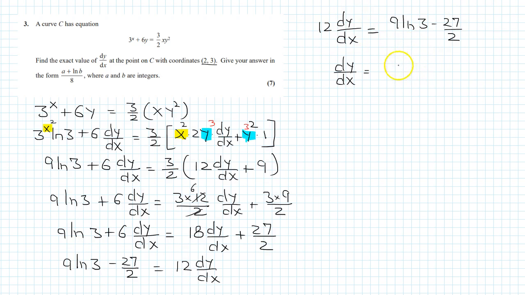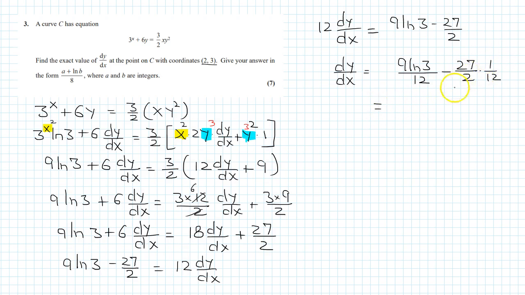So this will be 9 ln 3 divided by 12 minus 27 over 2 times 1 over 12.